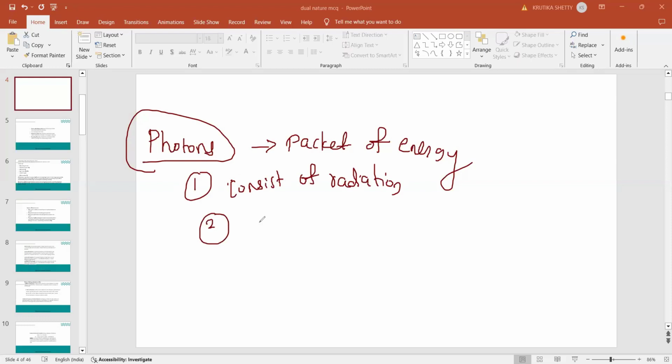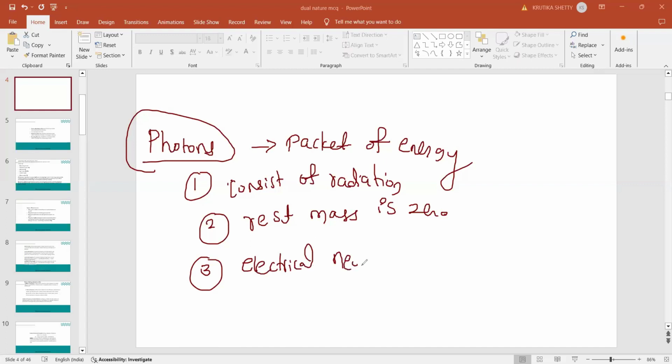Second point, the rest mass. The rest mass of the photon is always 0. The third point, photons are electrically neutral. Photons will be electrically neutral.